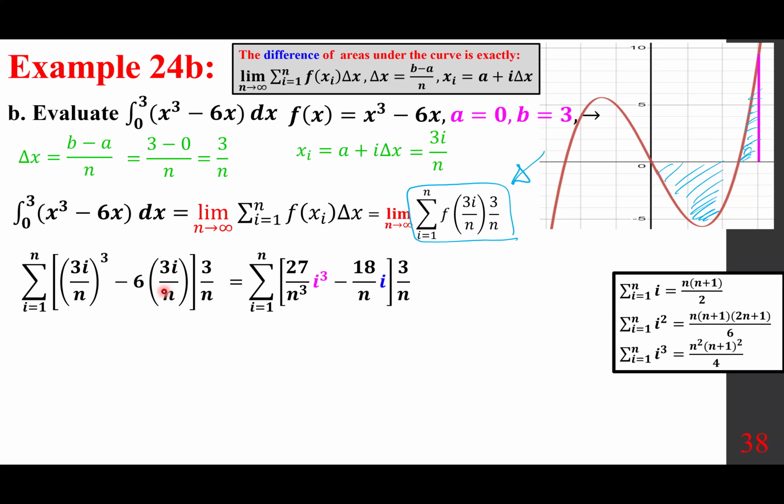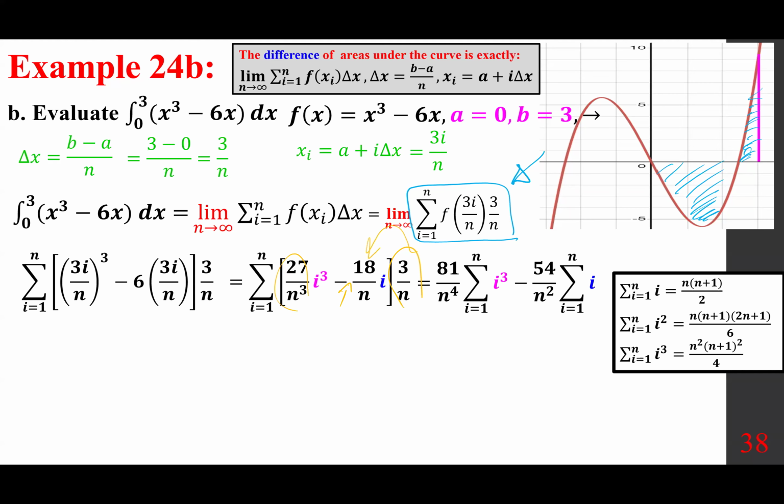Now I'm going to multiply by 3. If I multiply these two, everybody, I get 81 over n to the power of 4. I can take it outside the limit. If I multiply these two, I get 54 over n squared with the negative sign. I take it outside the limit. So I hope everybody can see what I'm doing. I'm doing elementary algebra, everybody.